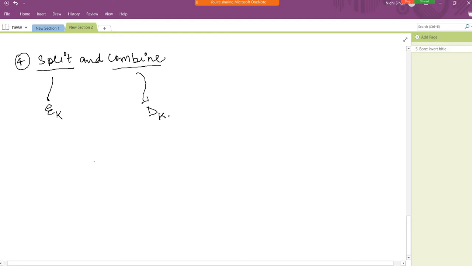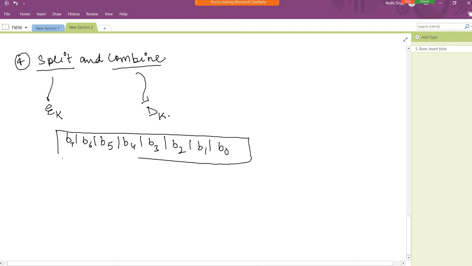For the encryption, B7, B6, B5, B4, B3, B2, B1 and B0. So for the encryption process, we have to split it. So how will we split? Divide the block into two halves.